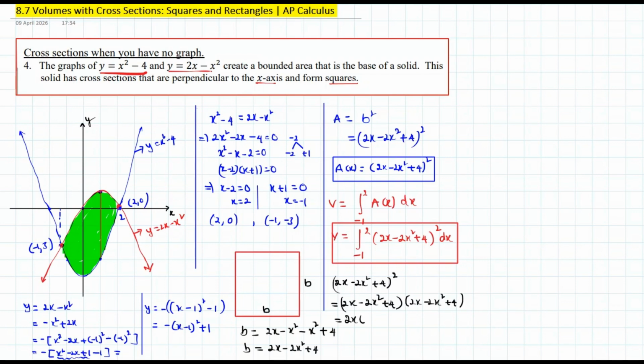So this is equal to (2x minus 2x squared plus 4) minus 2x squared (2x minus 2x squared plus 4) and plus 4 times (2x minus 2x squared plus 4).